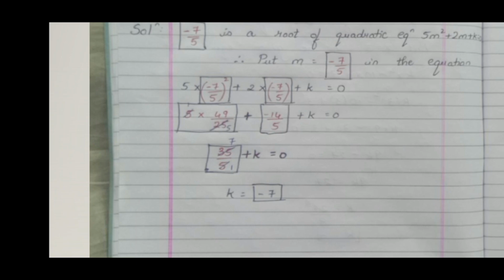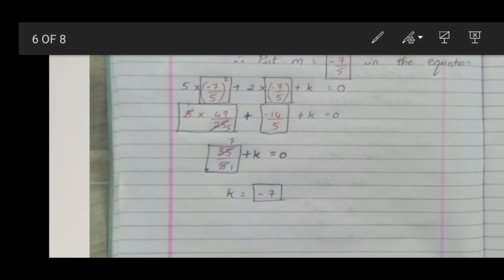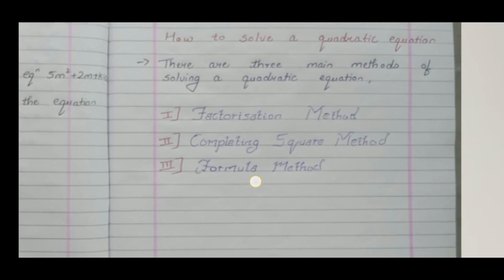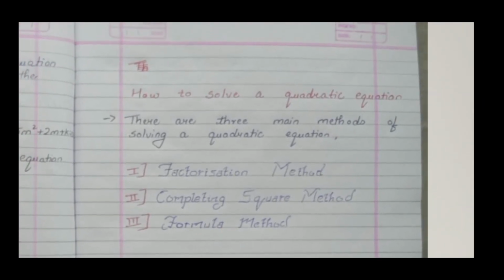With this, we are at the end of our first exercise of quadratic equation, that is practice set 2.1. In the further topics, we will be studying different methods for solving a quadratic equation. The first method is called the factorization method.